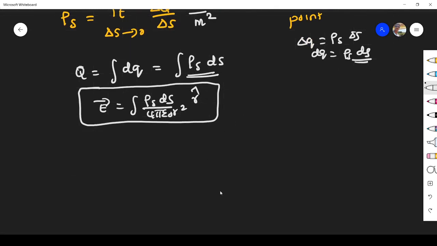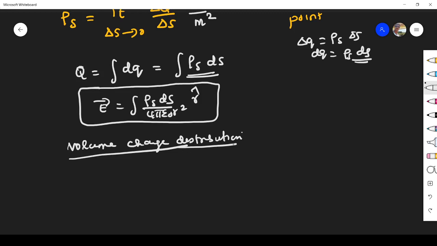Next we go for the third one, which is volume charge density or volume charge distribution. Same principle we can follow. So volume charge distribution we can apply everywhere. For any spherical cell, you can take a spherical cell that we are going to use widely in Gauss law, right?